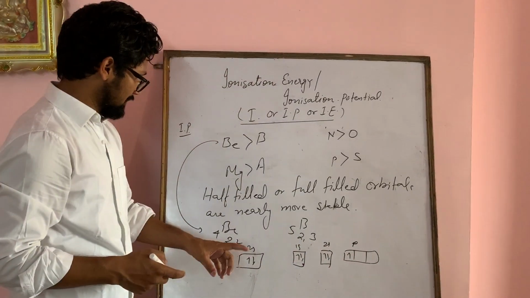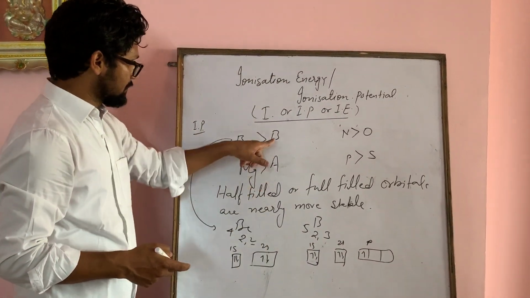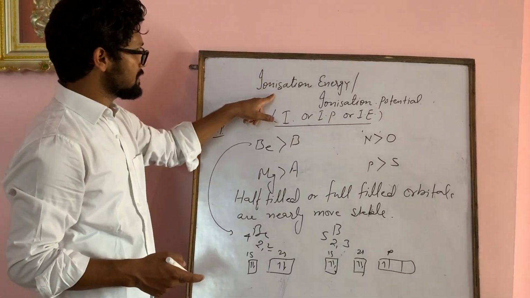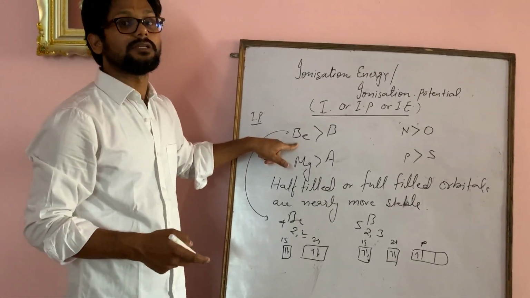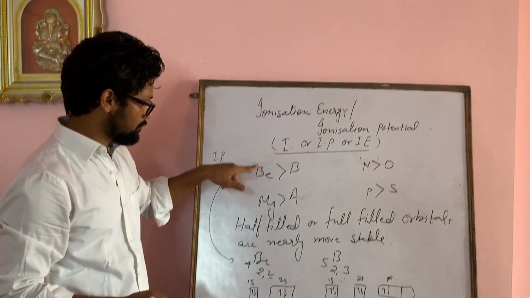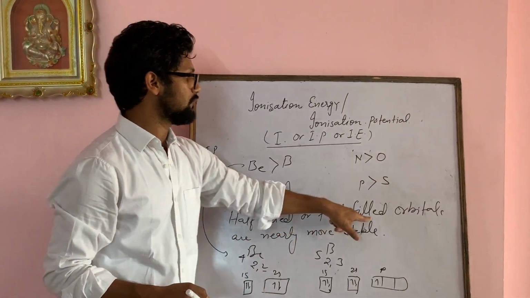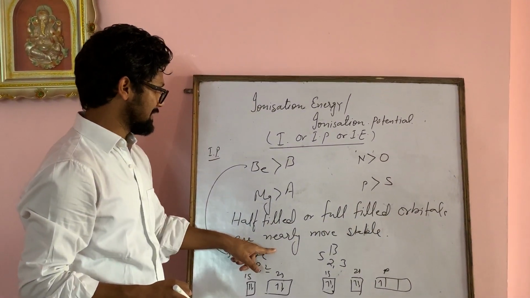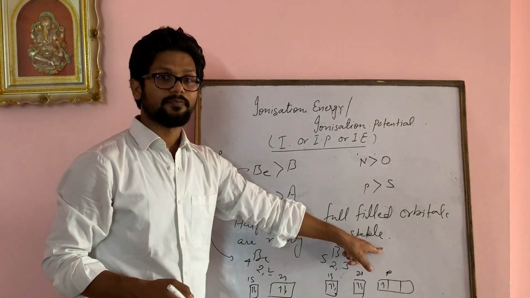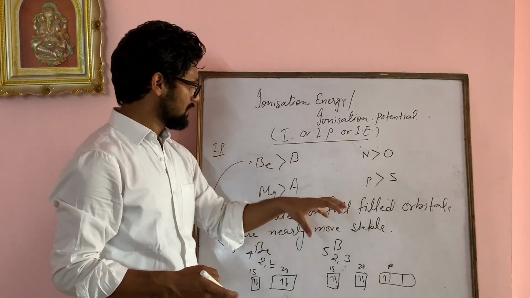That's why we can say boron has less IP compared to beryllium, because beryllium fulfills the condition that half filled or full filled orbitals are more stable. So these are the reasons.